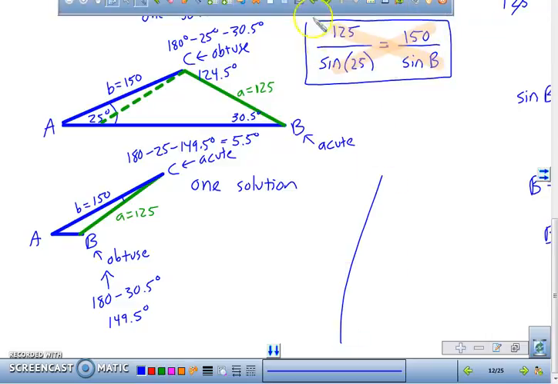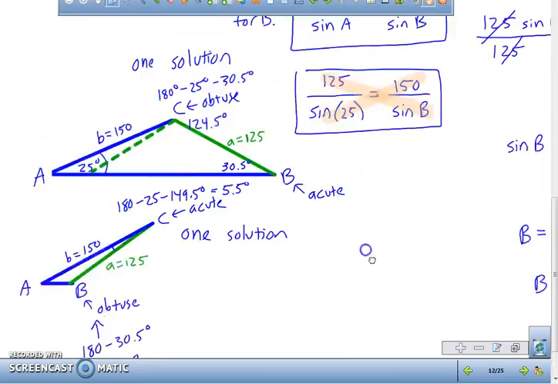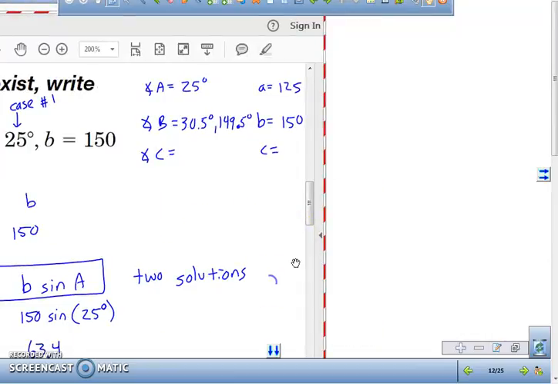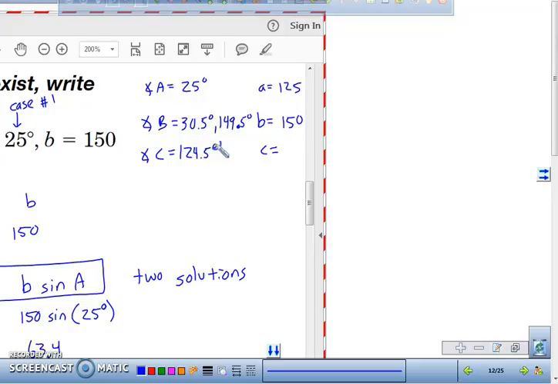So our two final answers for angle C are what? 124.5 degrees and 5.5 degrees. 25 degrees, 30.5 degrees, 124.5 degrees, they add up to 180, and these three also add up to 180.